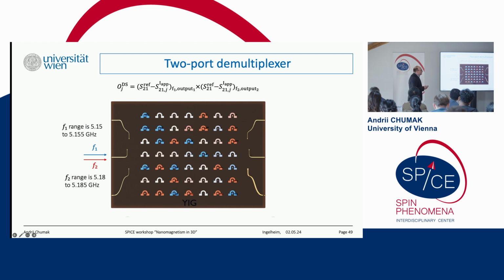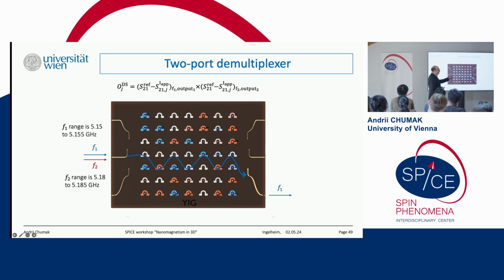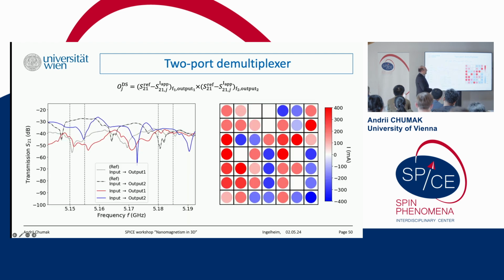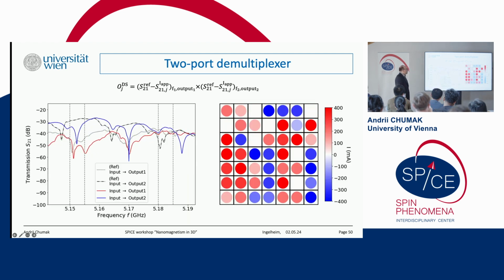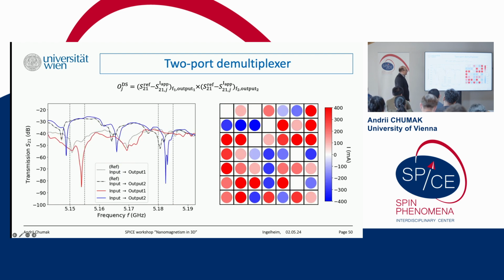And then the last thing we tested, of course, was the multiplexer. As I said, it should work for anything. We just defined the objective function in a way that frequency 1 goes to one antenna, frequency 2 goes to another antenna. And then again, just some algorithm. It took a bit longer, but it still found such a configuration.